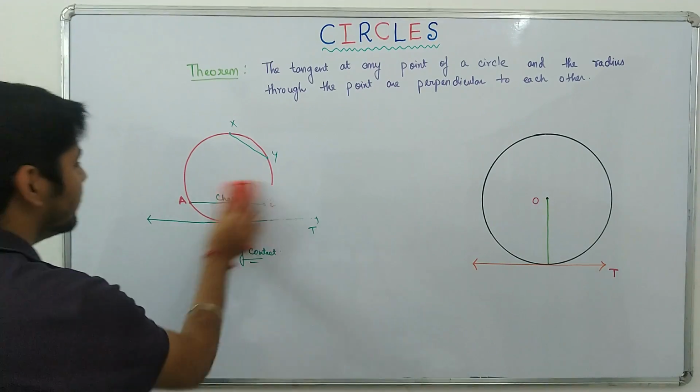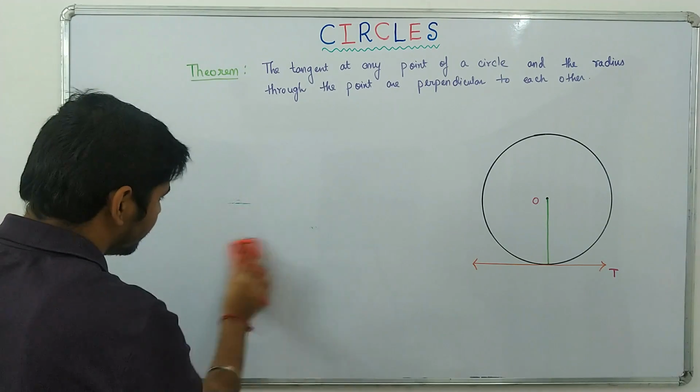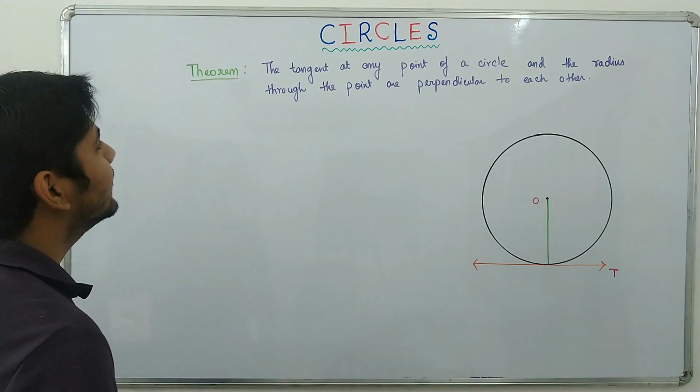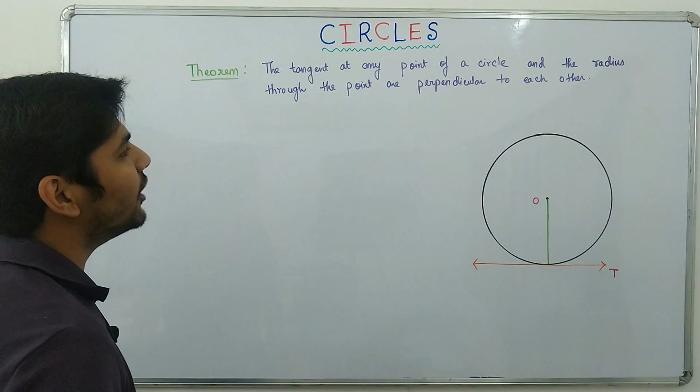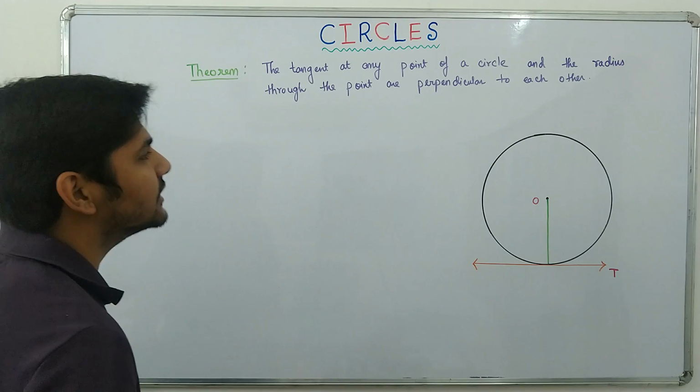Now that we are done with what is a chord and what is a tangent, let's move on to the theorems. We have the first theorem, that is the tangent at any point of a circle and the radius through the point are perpendicular to each other.